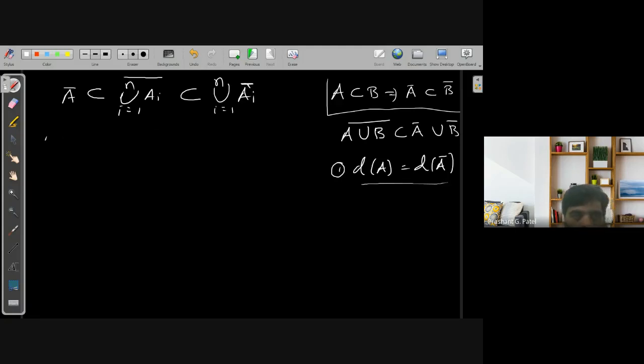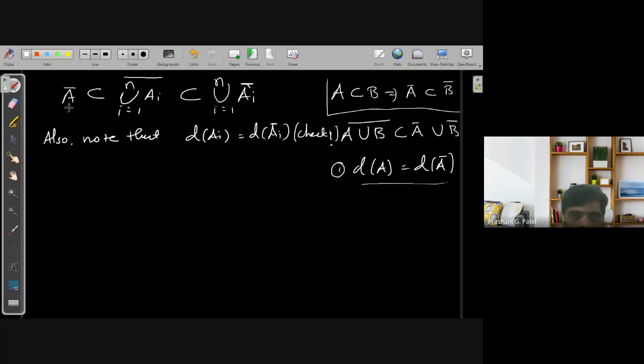So also note that, as an exercise, you can check that the diameter of each of these closures is the same.